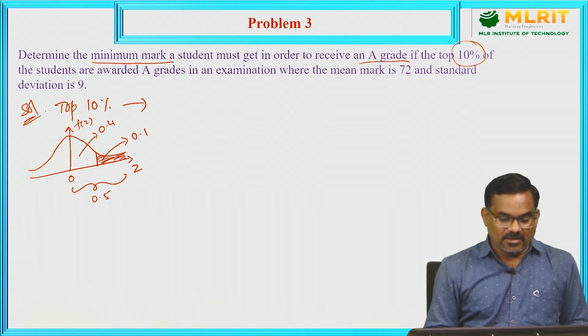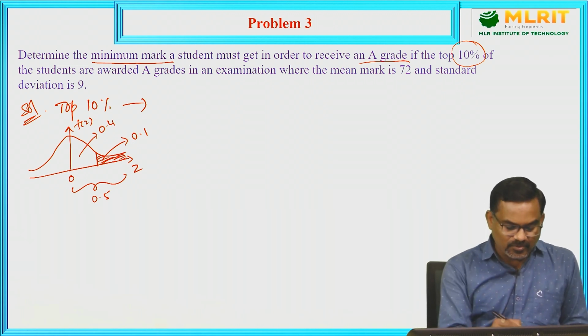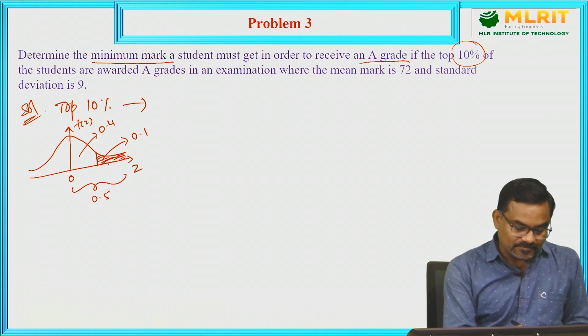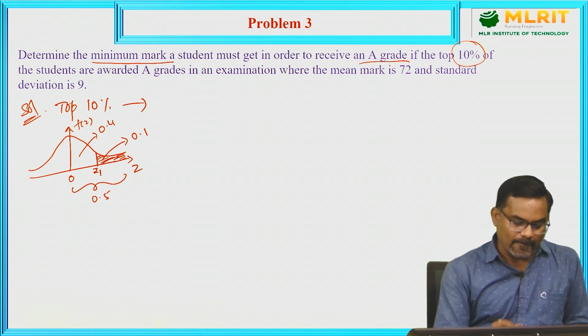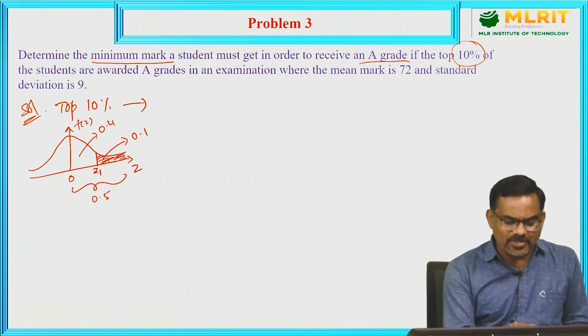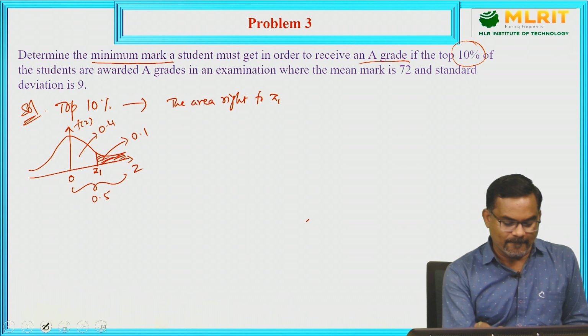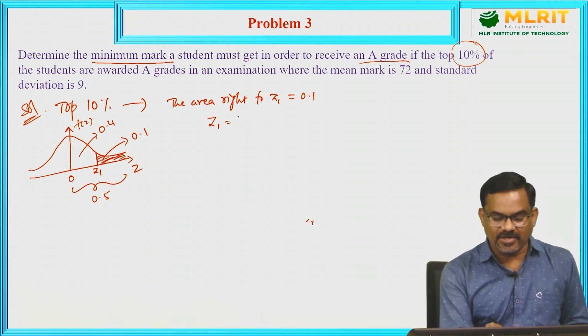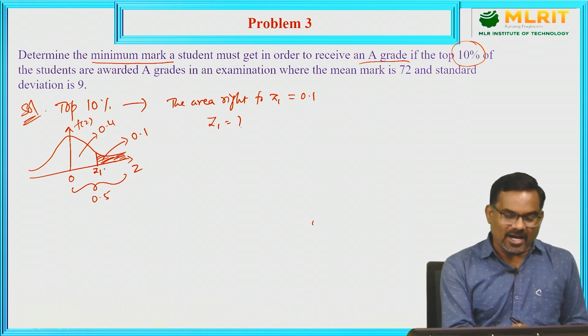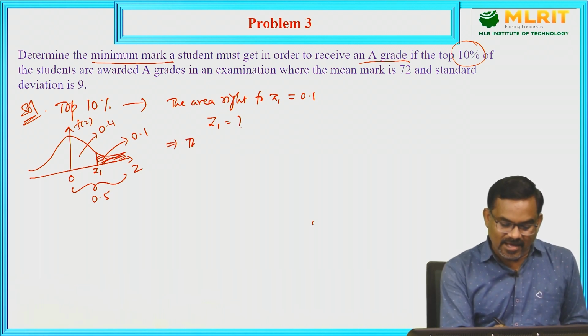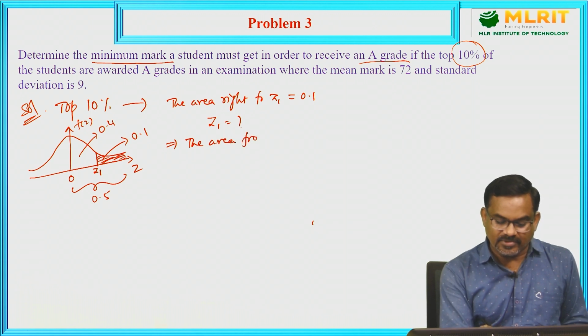And to find the required one, first we need to calculate here this is some z1. So the area right to z1, or probability right to z1, is 0.1. Then what is the value of z1? So if the area to the right of this z1 is 0.1, that means the area from 0 to z1 is 0.4.